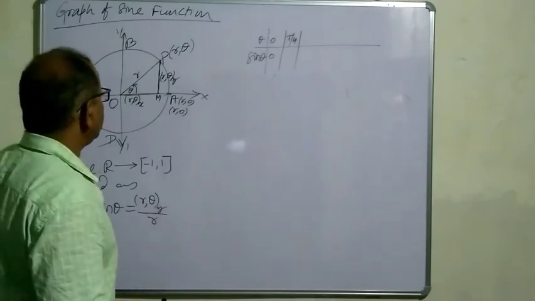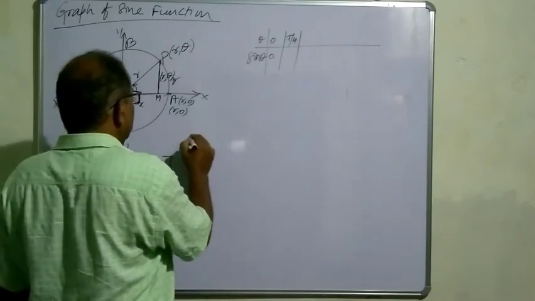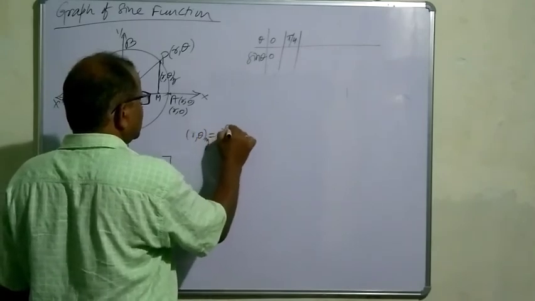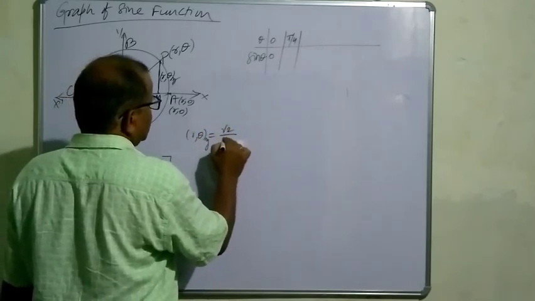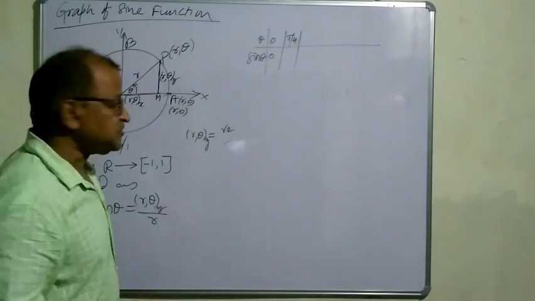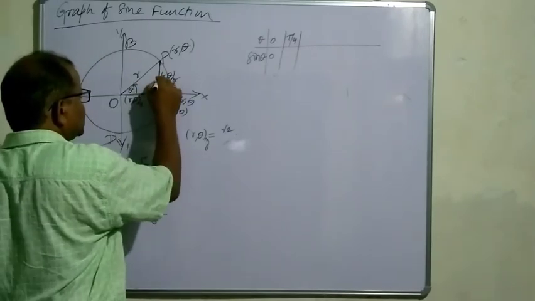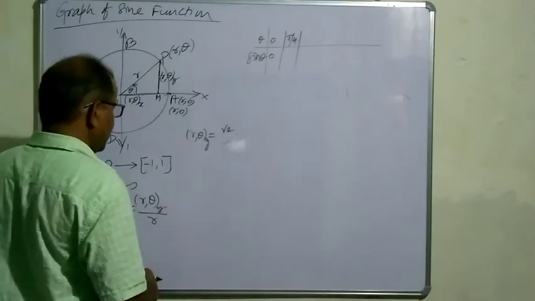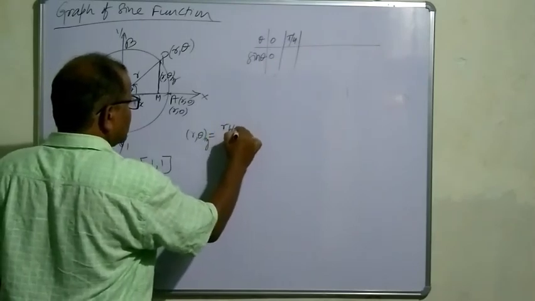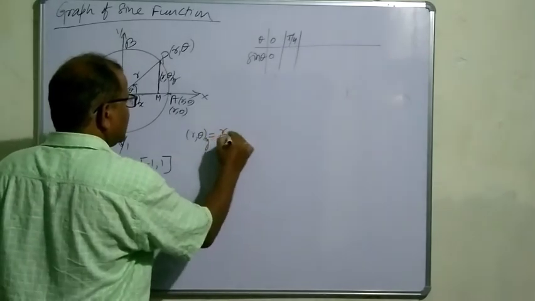Here r theta y will be r by root 2, because if the hypotenuse is r, the other sides are each r by root 2.